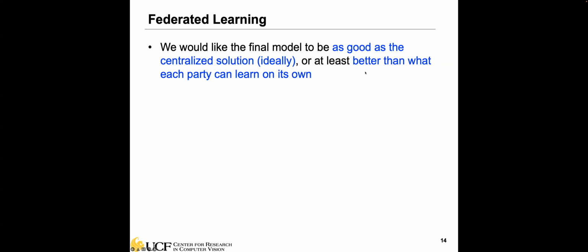Or at least, if this is difficult to achieve, and we will talk about later why it is difficult, this federated learning model should be better than each party training using its own data. The idea is that we want collaborative learning from other clients, to harness some additional information to achieve better performance than training the model on its own data.